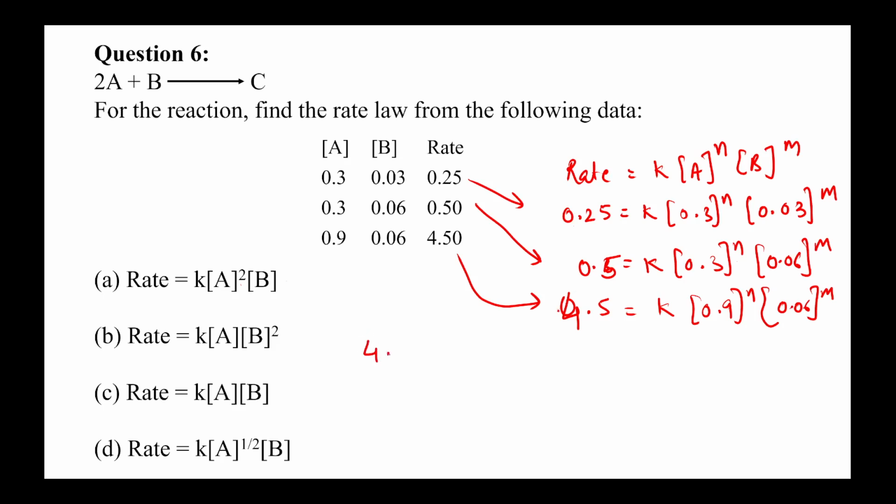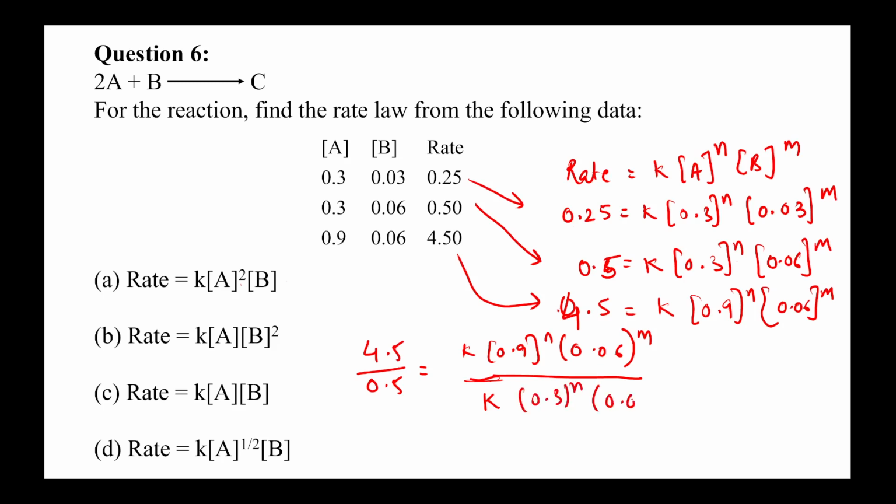So if we do that, we'll get 4.5 by 0.5 is equal to K 0.9 raised to the power of N 0.06 raised to the power of M, and for this is K 0.3 raised to the power of N and 0.06 raised to the power of M. So this is the same thing. So this will get cancelled out and K will get cancelled out and 4.5 by 0.